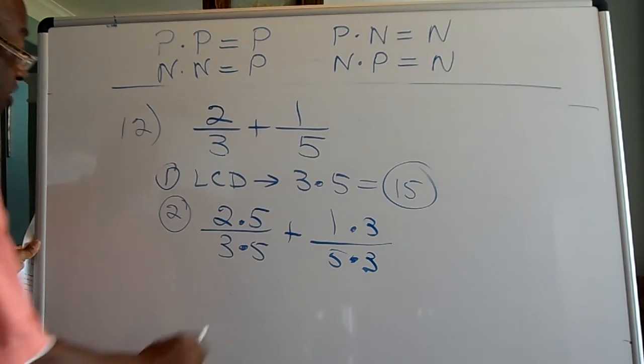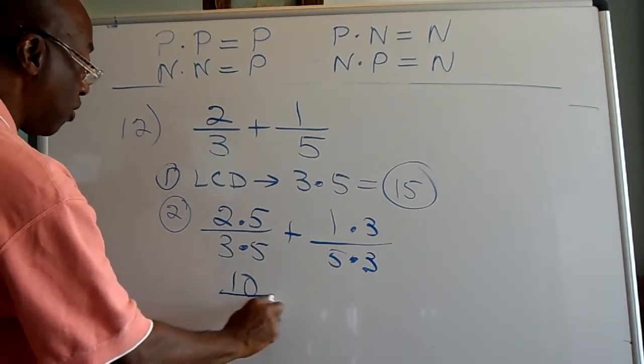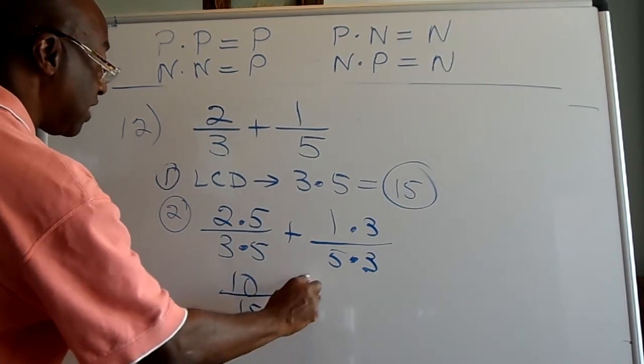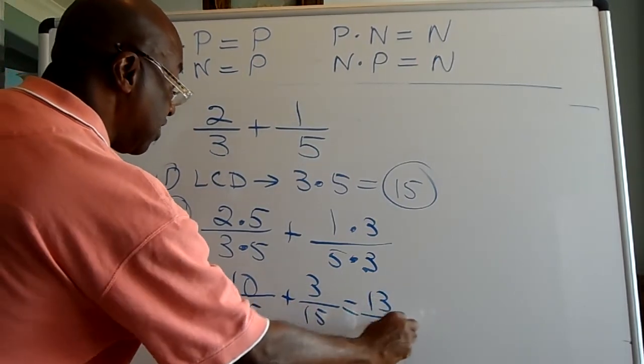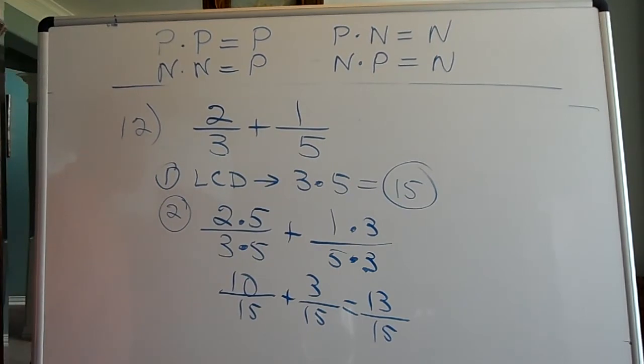Now we do the multiplications and watch what we get here. 10 over 15 plus 3 over 15 gives us 13 over what? 15. Done deal. Not bad at all. Follow that sequence, and adding fractions is pretty easy. Not too difficult.